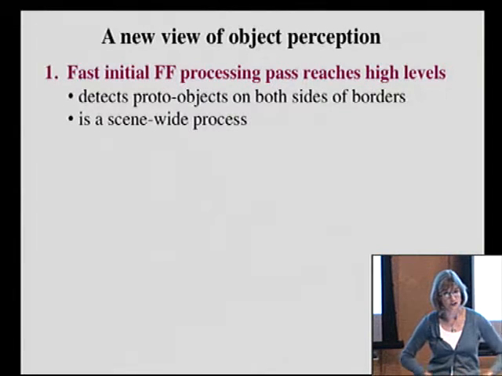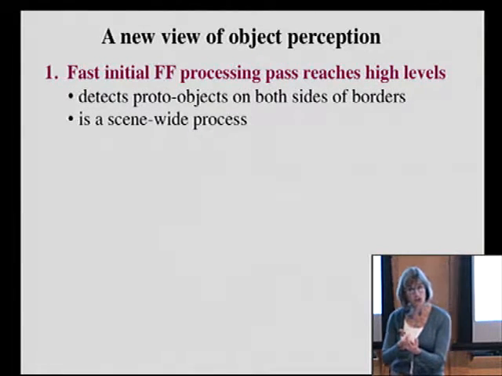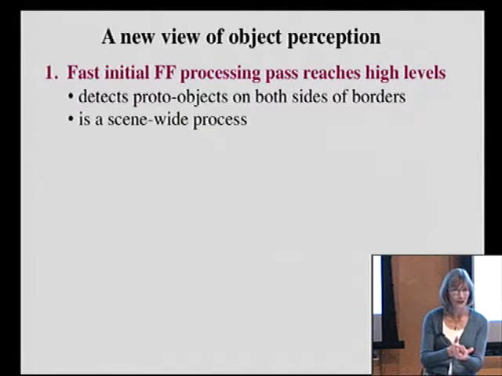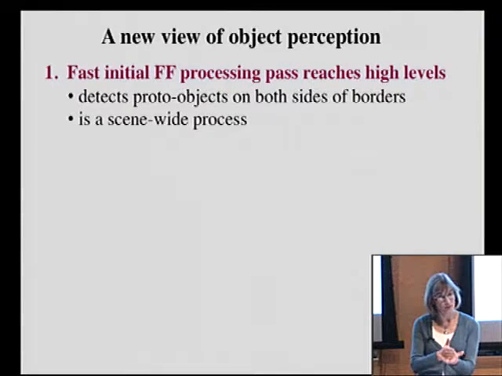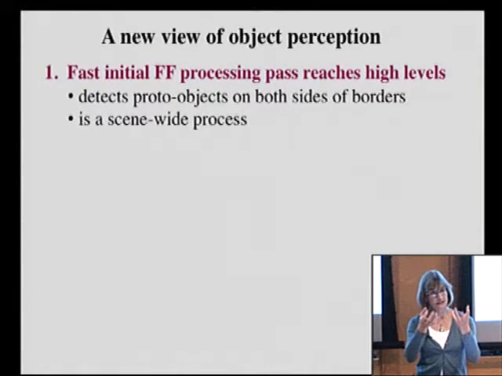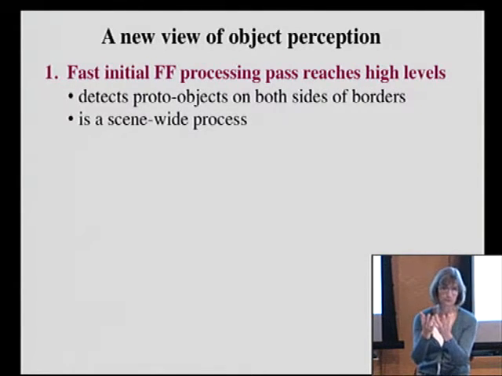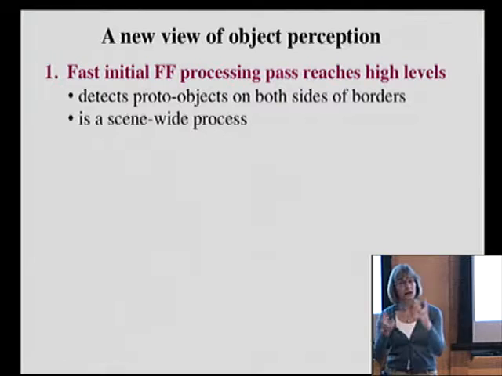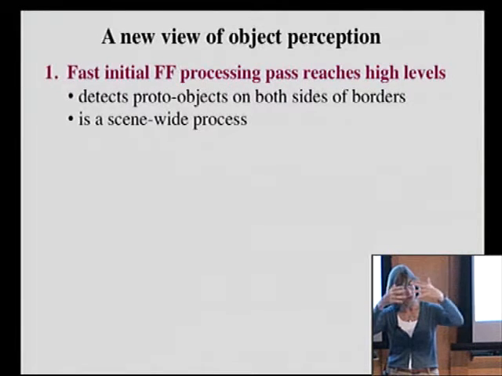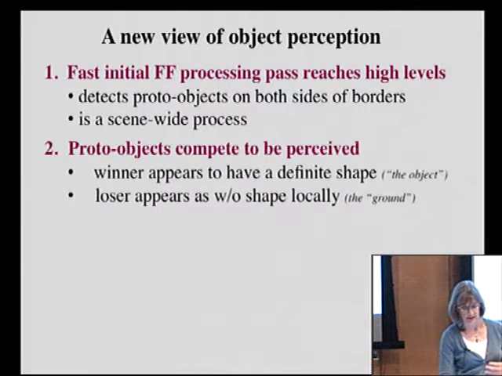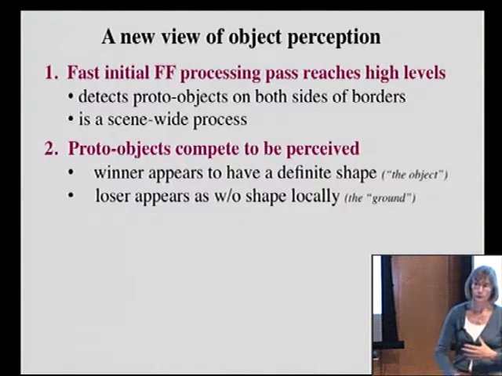So borders are detected early. So we'll give the Gestalt psychologists that. Something must be detected before you can go on and access memories. If you've got the borders, then you can begin to access both the traditional Gestalt properties and familiarity, do a first passive processing up to the highest levels in the brain, and then have a competition between the objects that might be seen on both sides of a border.